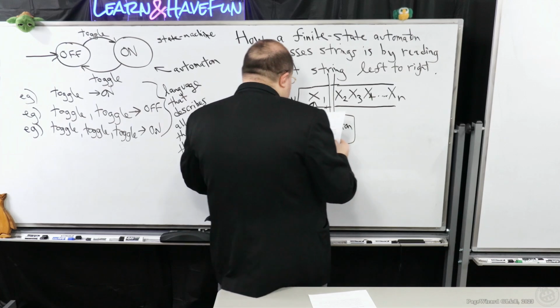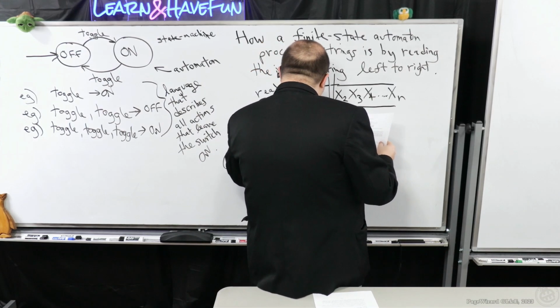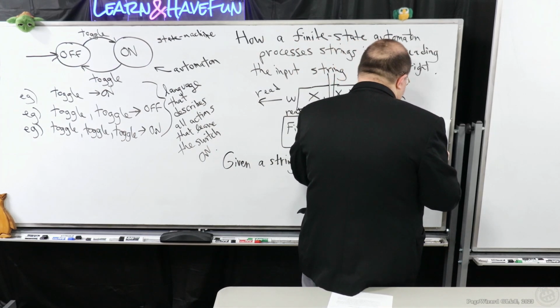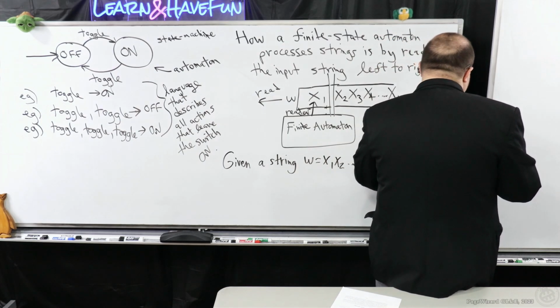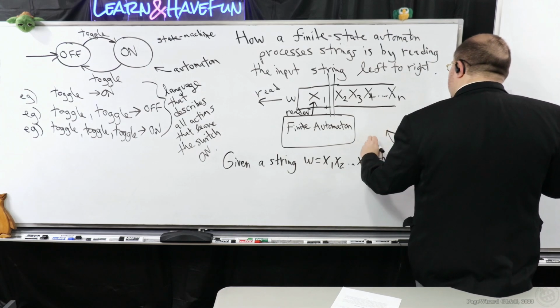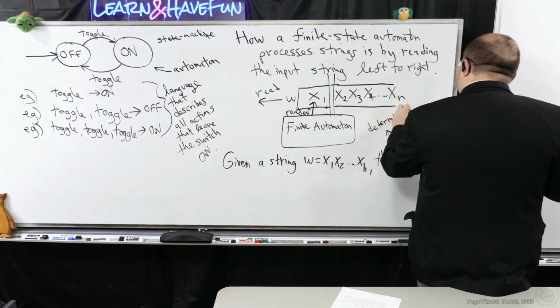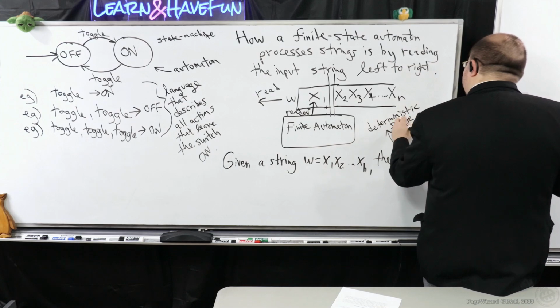Given a string w, which is going to be x1, x2, all the way up to xn, the DFA, so if you're wondering what a DFA is, I'm going to define this in a moment, but it's a deterministic finite automaton. You'll see what I mean by deterministic in a bit.